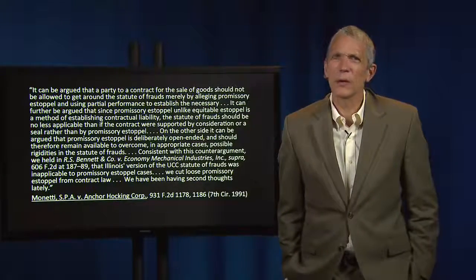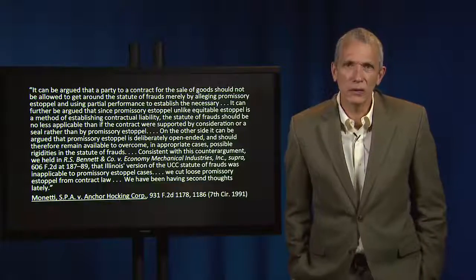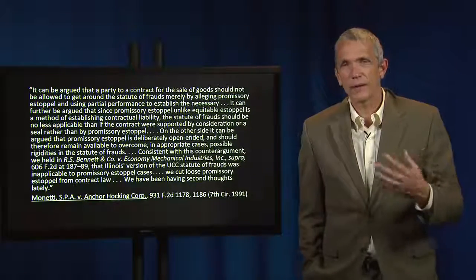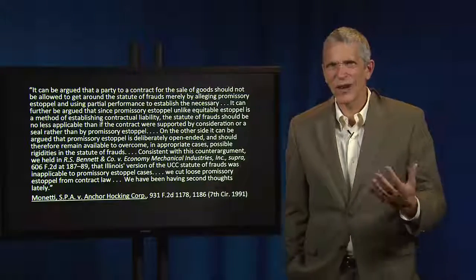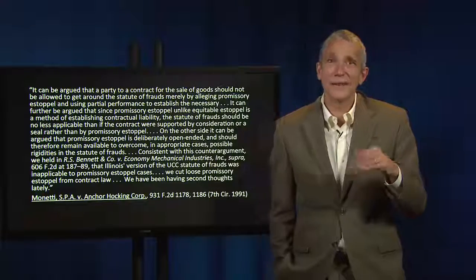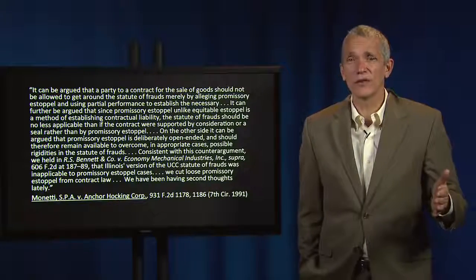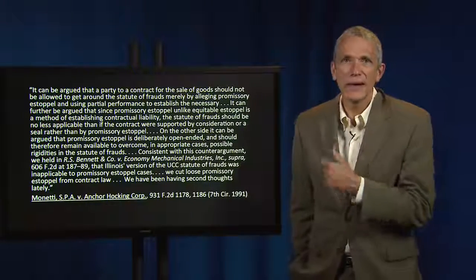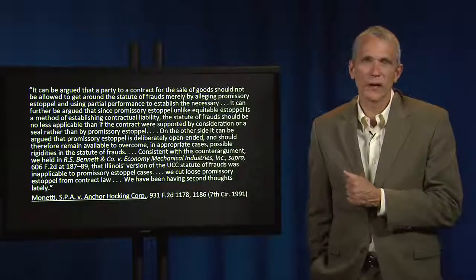There's disagreement over whether promissory estoppel can be used to save an oral sales contract that falls within the statute but is not in writing under the UCC. The inconsistency extends not just between but within jurisdictions. See, for example, the Seventh Circuit's opinion in Manetti v. Anchor Hocking Corporation.